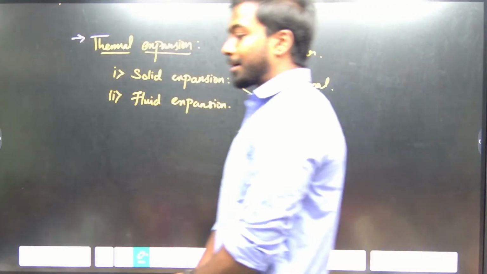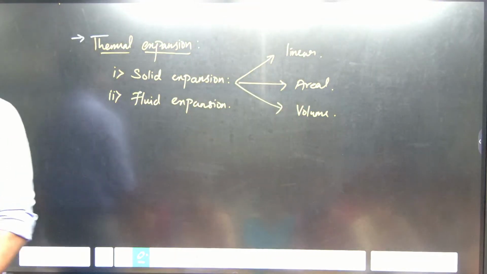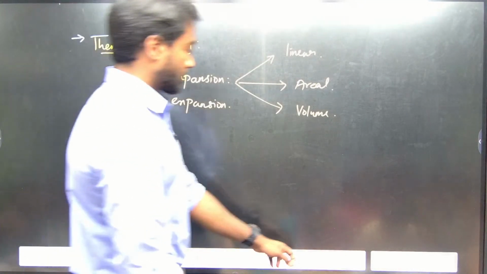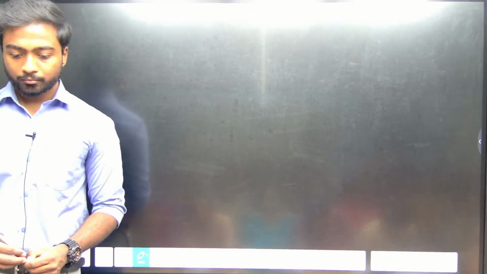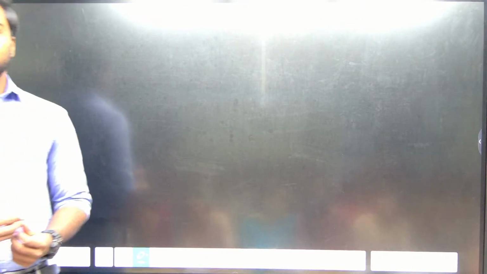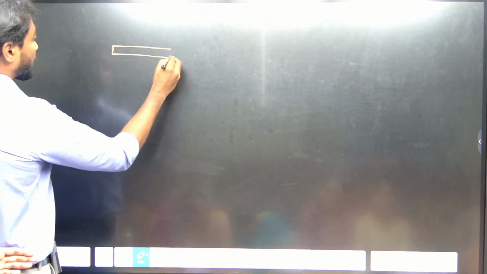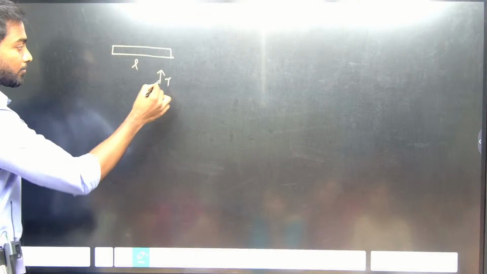Now write the first subheading: linear expansion. Okay, listen. So if I consider a rod of length L, so it is of an initial length L. If I increase the temperature, what happens?